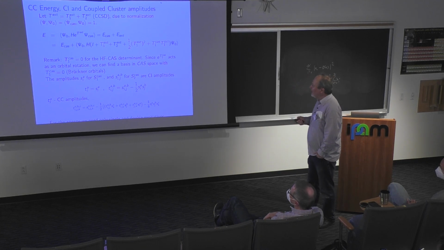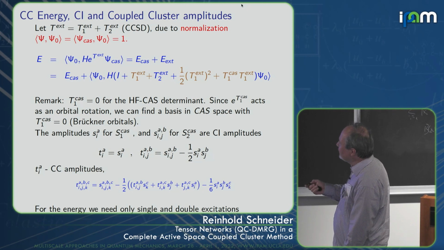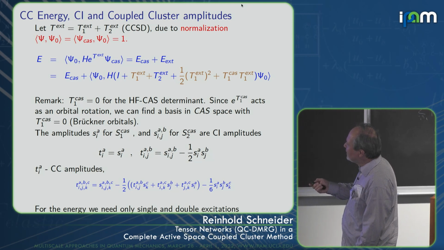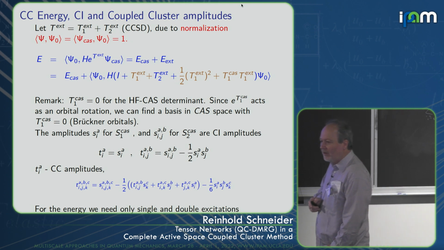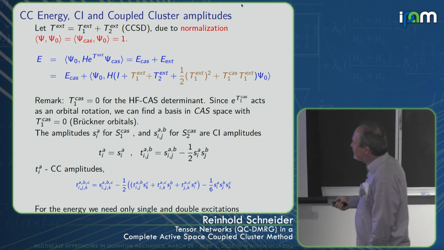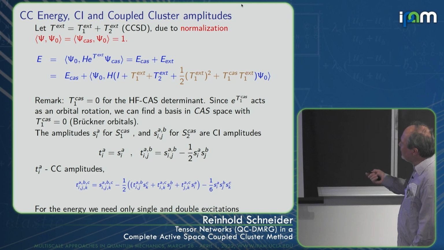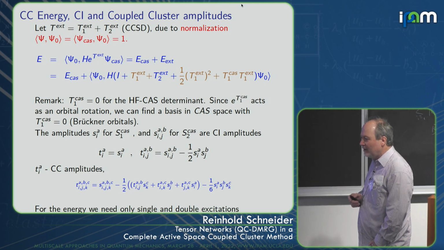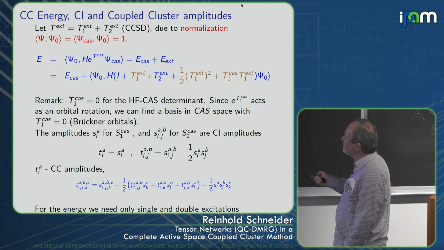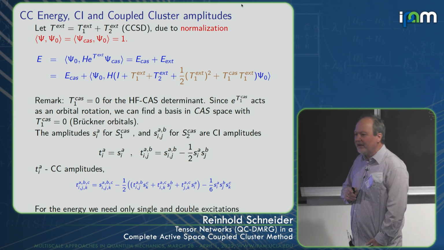The only thing is that for the energy, we need only up to second order excitations in the CAS space as well as in the external one. Next, I never compute a full coupled cluster, but I suppose now that I can do a full CI calculation.